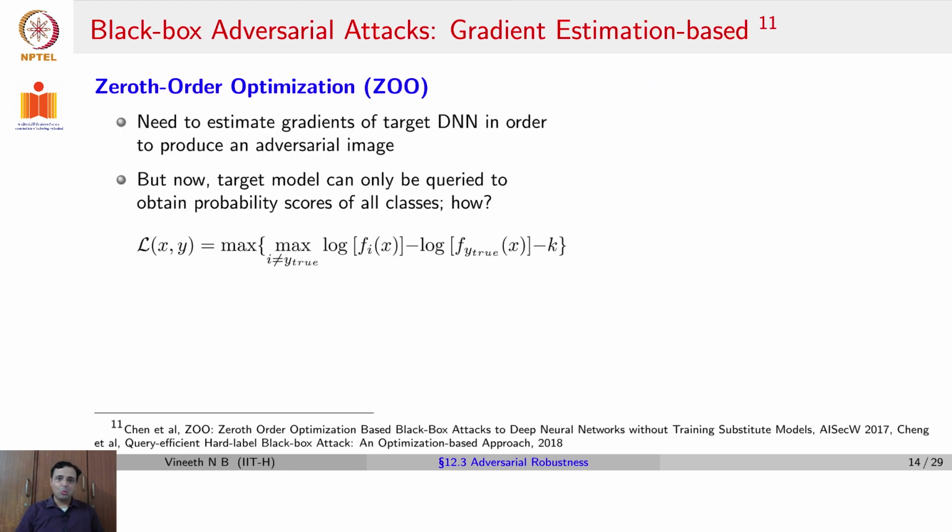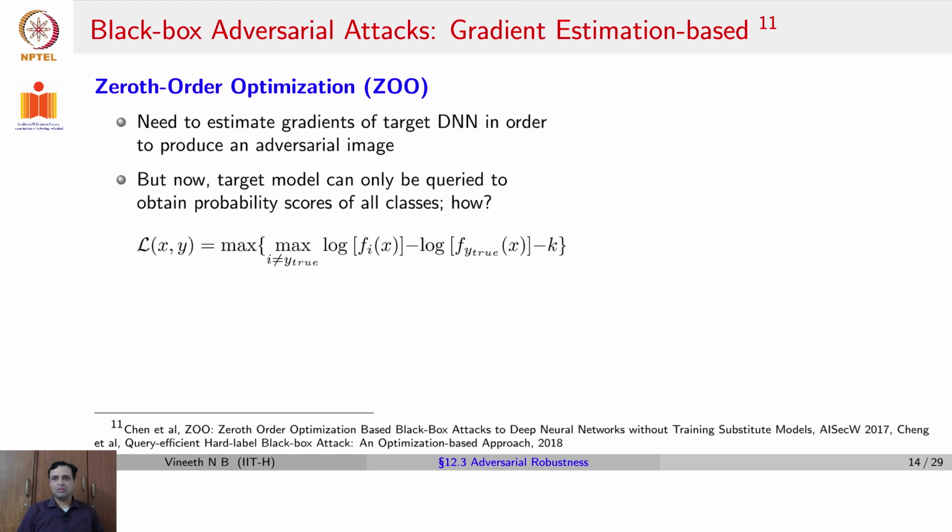Moving on from white box attacks, we'll now talk about a few black box attacks for adversarial perturbations. Remember, in a black box attack, you do not have access to the model's parameters.